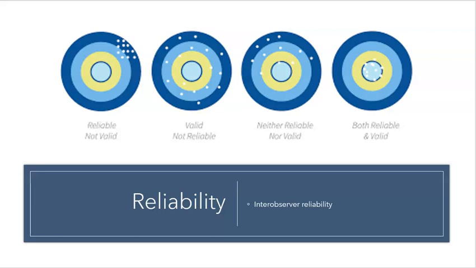Okay? And inter-observer is making sure that if you have multiple observers or multiple graders, they're all grading it the exact same way. So if I have a TA, then I need to make sure that they're grading the exams the exact same way that I am. Say maybe I'm a harsh grader and they're more lenient.